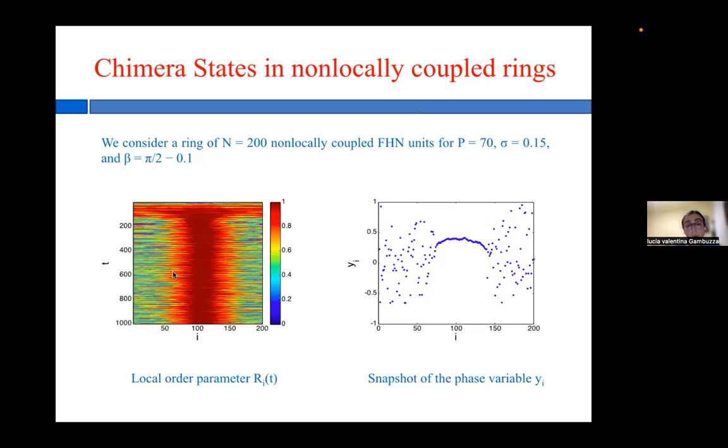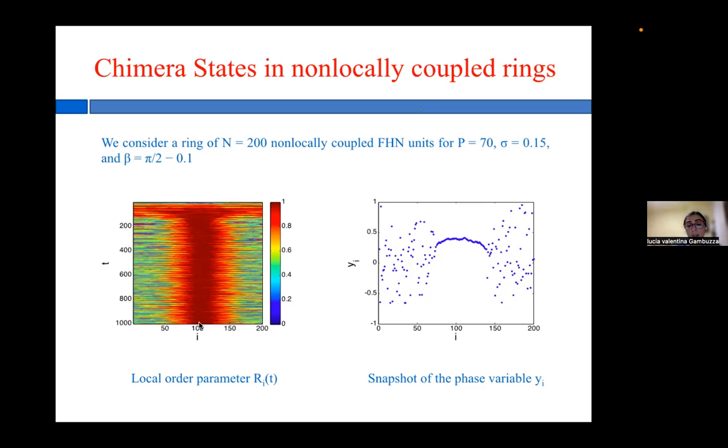But I don't know if, by increasing the number of units inside the system, we can increase the transient of the chimera state. Maybe with a higher value of the time, at the end also in this case we can see that all the units collapse into the same state.